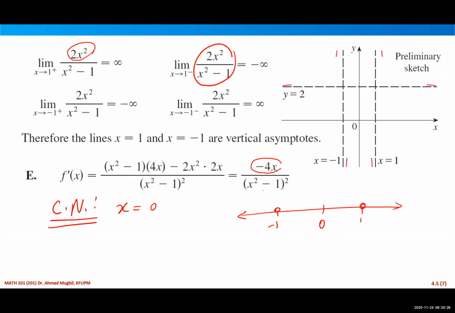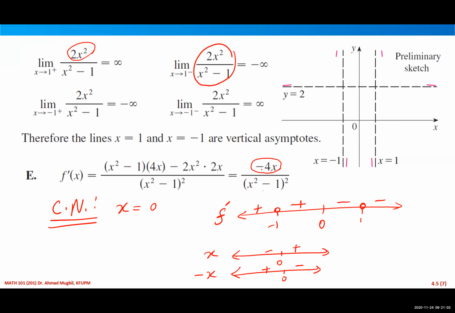What you should worry about is the numerator. Will the derivative be positive or negative after 0? If we are talking about x, after 0 it will be positive and before 0 it will be negative. But here we have negative x, so it will be the opposite: negative after 0 and positive before 0. So what do we have? We have this.